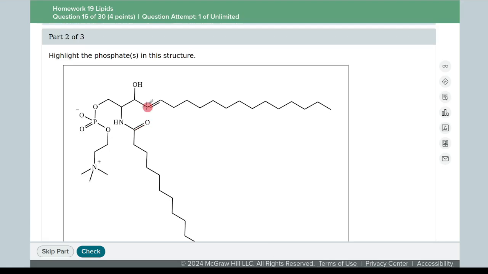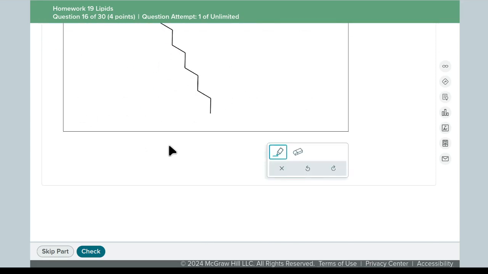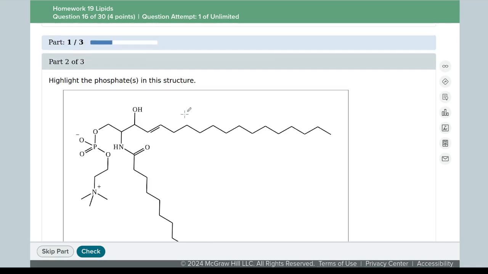The alkene, I'd highlight the bonds and the carbons in it. If I were highlighting the amide, I'd start at the nitrogen and highlight everything up to the oxygen. That would be what I would highlight for the amide.